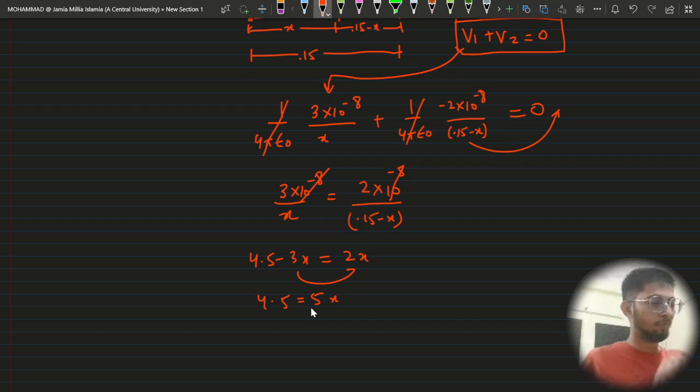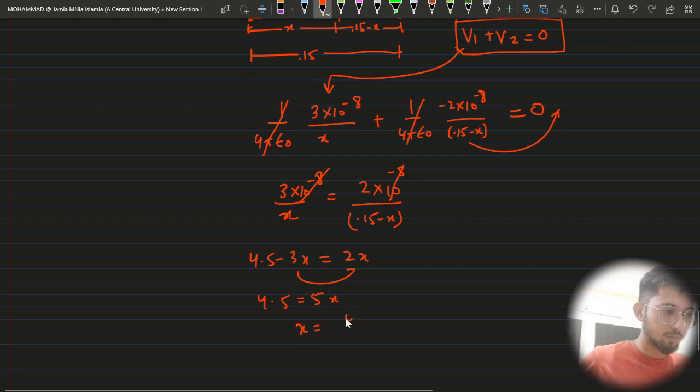So what will x be? If you want to change it to centimeters, you can multiply by 100.